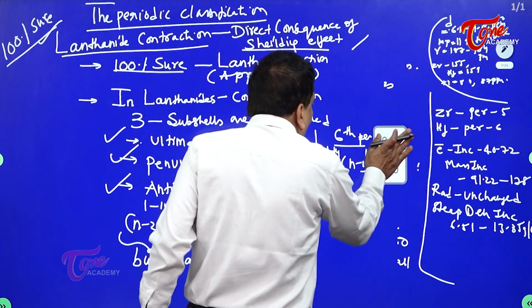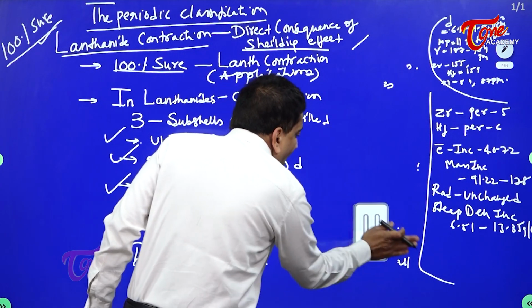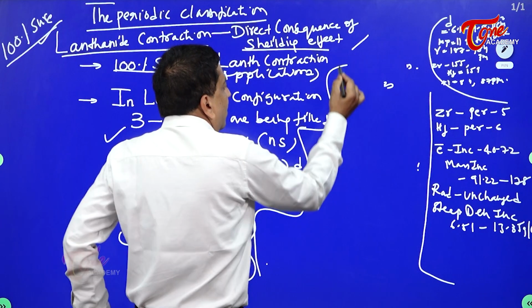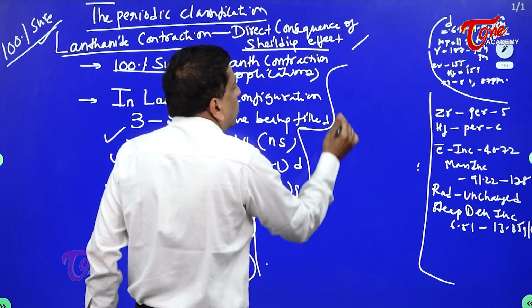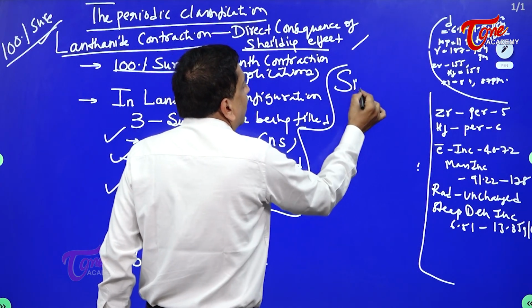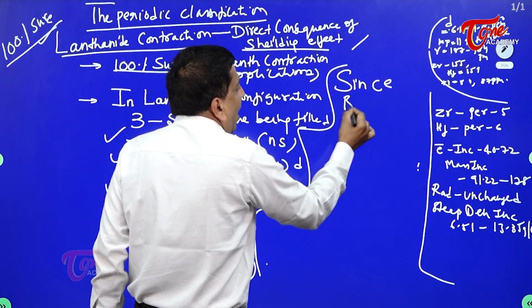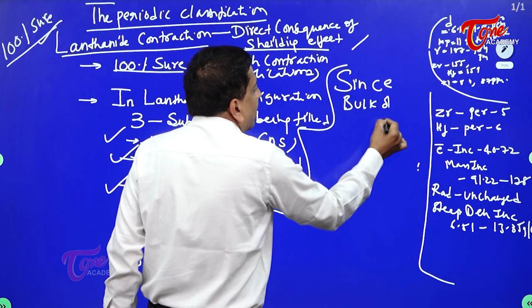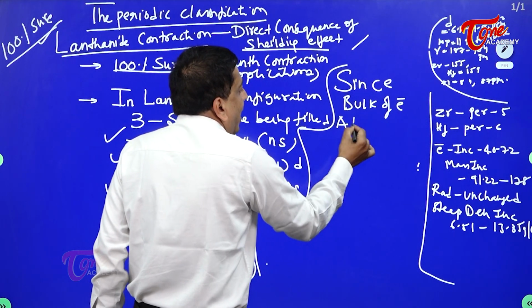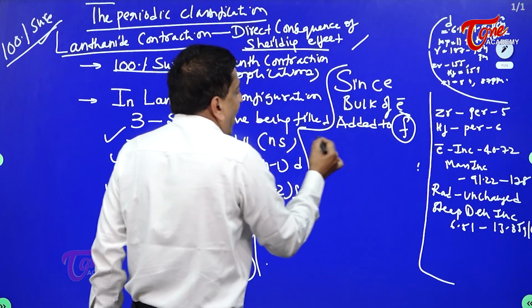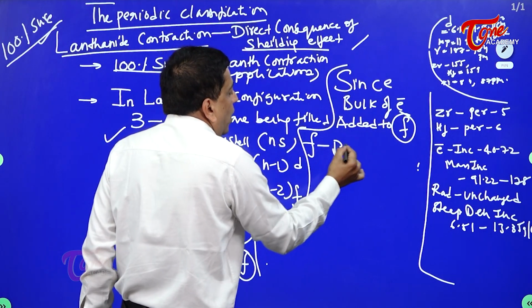And remember, since the bulk of electrons are added to F, F is a poor shielder.